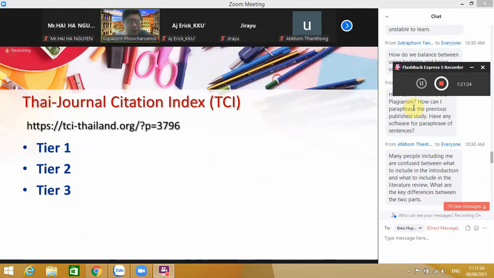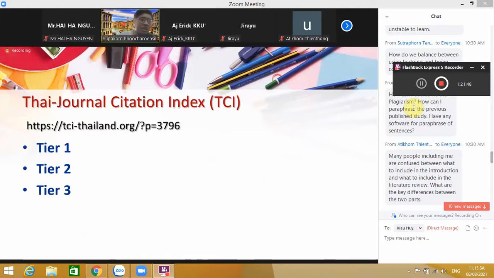Today I'm not talking about the Thai Journal Citation Index, but this is just for your information. If you select to publish in Thai journals, Thai journal here means not the language, right? You can write your papers and get published in English, but the database is in Thailand only, right?